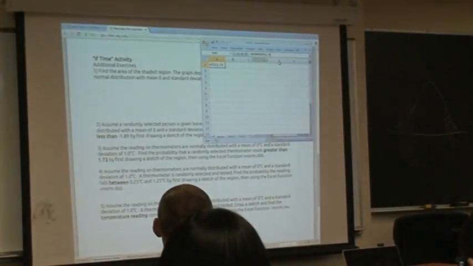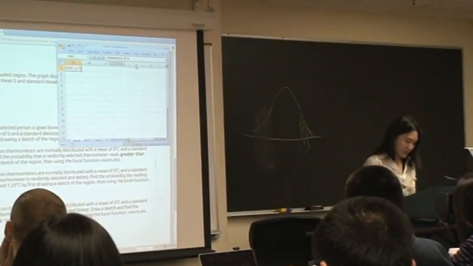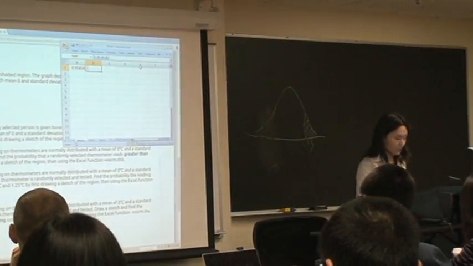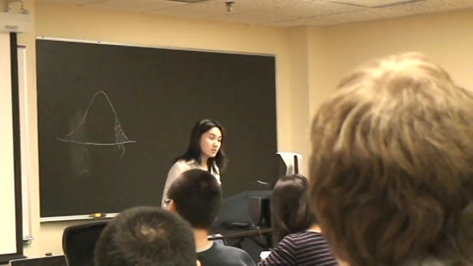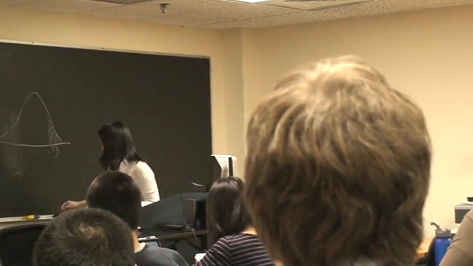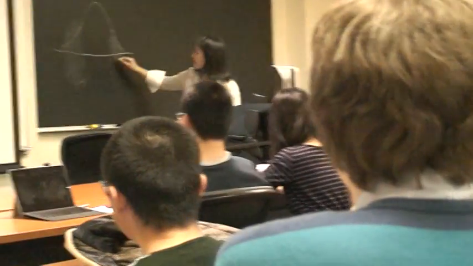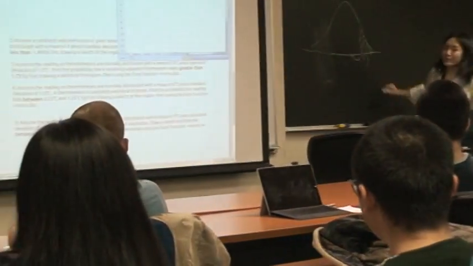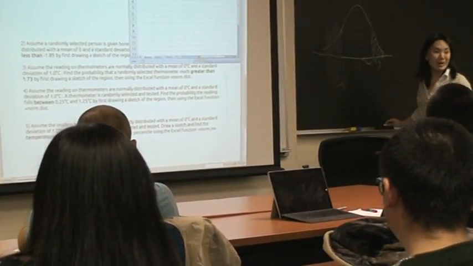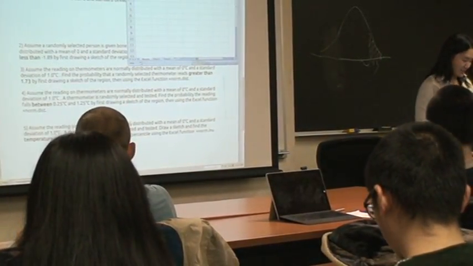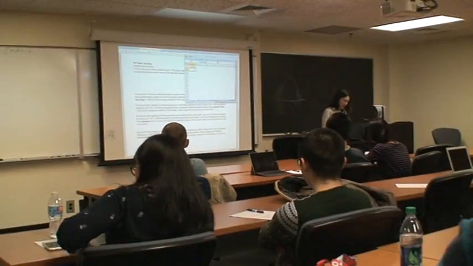Do I do 1 minus 1.73 inside the parentheses? No, you don't want to do that. That's moving your x. The reason we do 1 minus is because we're changing the area. So you do 1 minus outside of the parentheses after you're given the area.